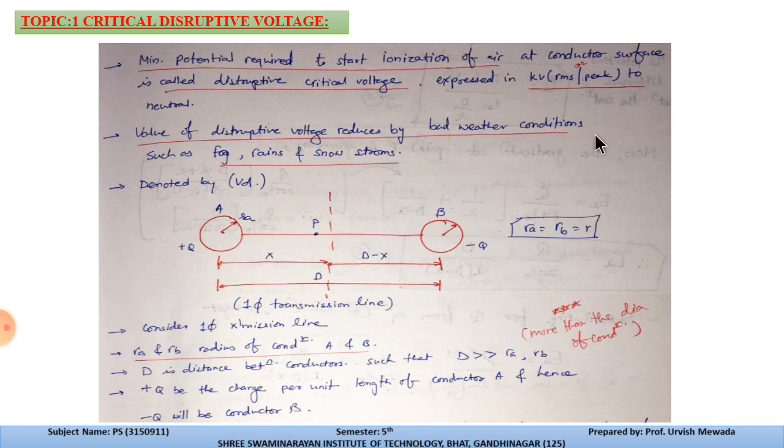As I told you in the previous slide, if the weather contains moisture, such as fog, rain or snow, then that atmosphere supports the formation of corona, meaning it requires less disruptive voltage to start forming the corona.